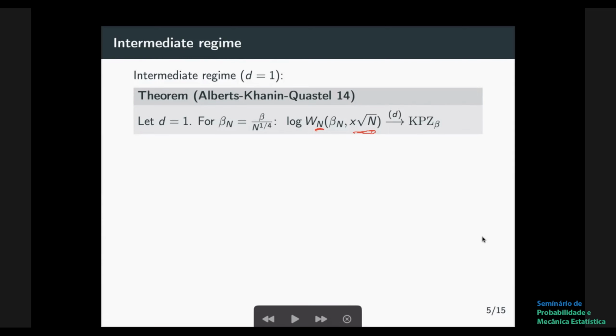And if you do that, the limiting object you find is the KPZ equation when you take the log of Wn, because Wn will converge to the stochastic heat equation, and then if you take the log, you get the Hopf-Cole transform, so you get the KPZ equation.